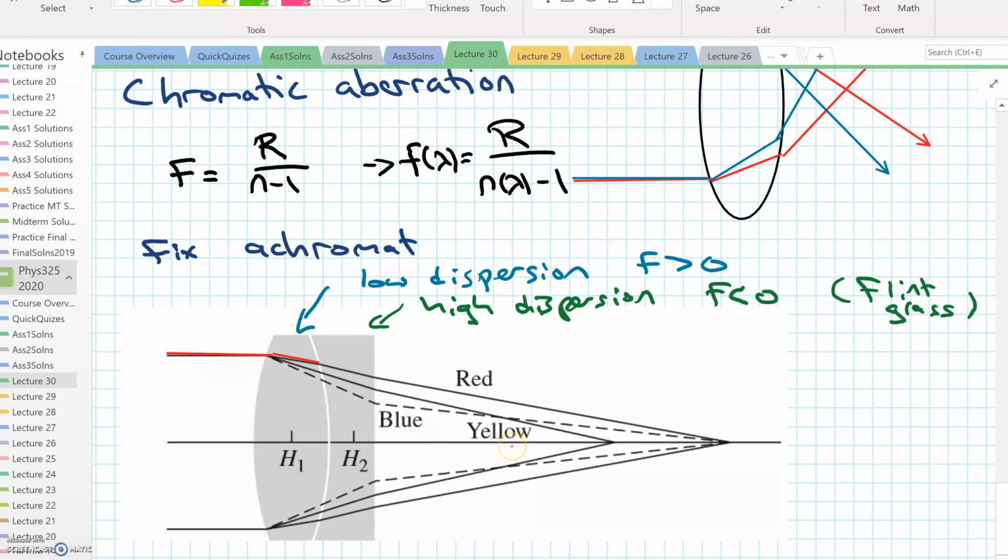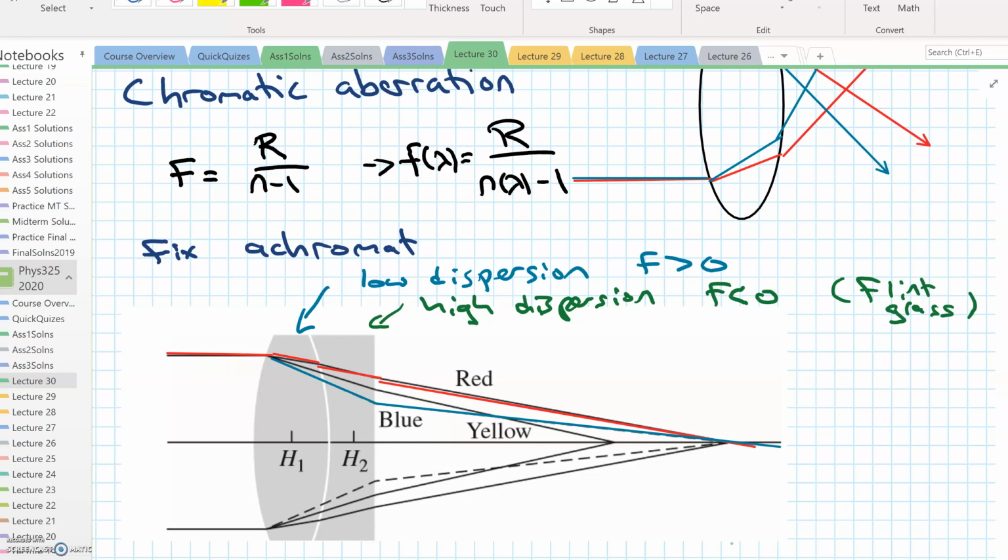But that goes both ways, so it also bends back more weakly for this negative lens, and it's going to focus to a given point. We have our blue beam here, and it's refracted much more strongly. But now we get the blue and the red focusing at the same point because of this doublet which corrects for it. And you can have triplets as well, and air-gapped doublets that do a better job.